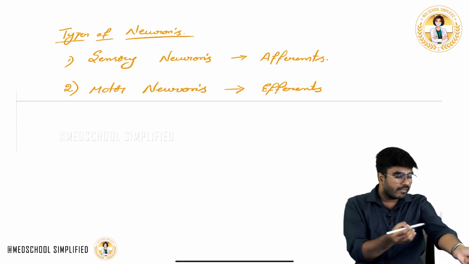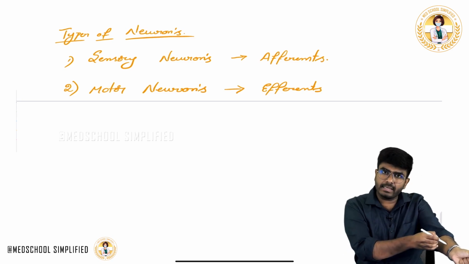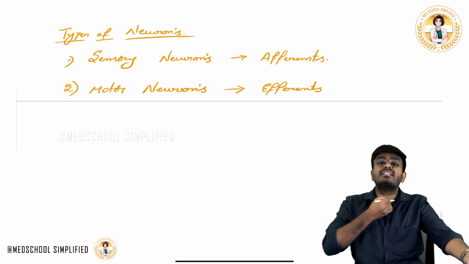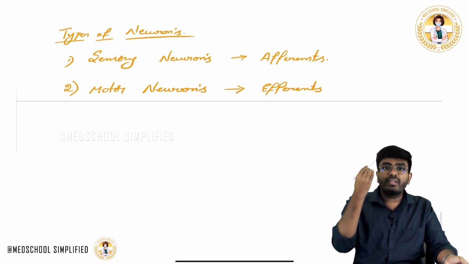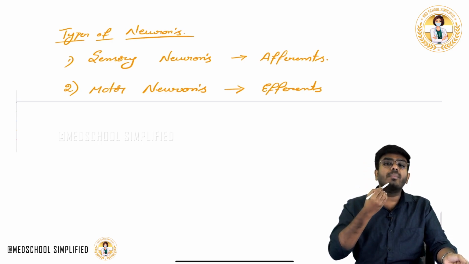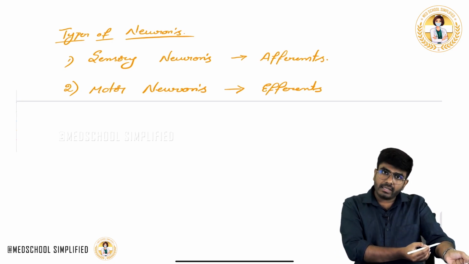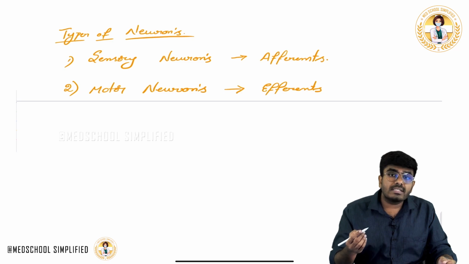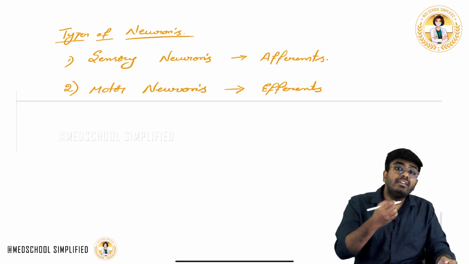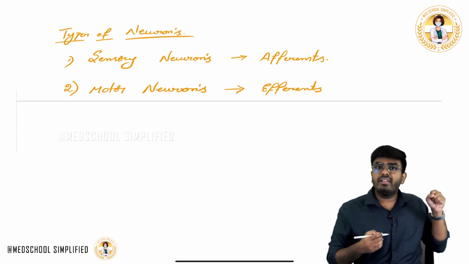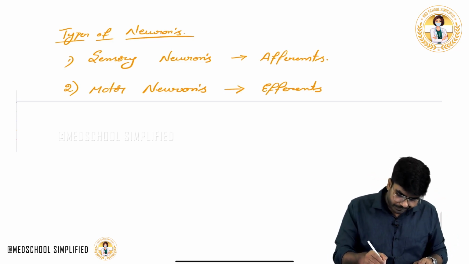For example, whenever someone comes and pricks my skin, that pain information will be carried by a sensory neuron to the brain. Now, in the brain processing will happen. Now, what I should do? A command will come from the brain through a motor neuron to the effector site so that I will take my hand back. So, motor neurons are giving the command to the effector site so that I will take my hand back.